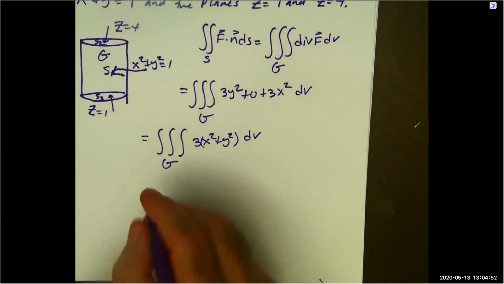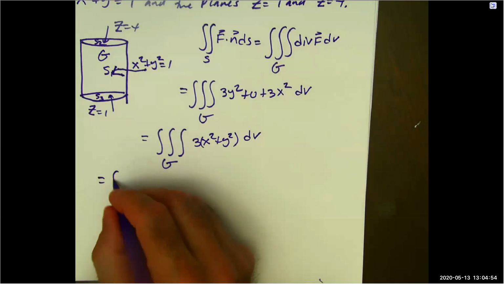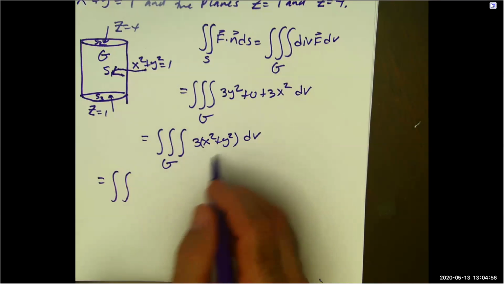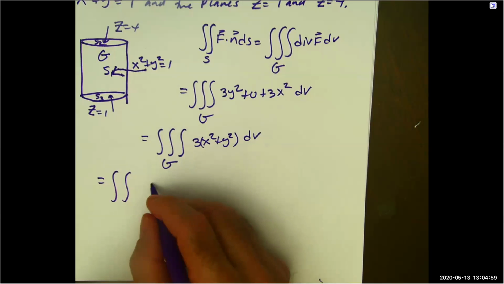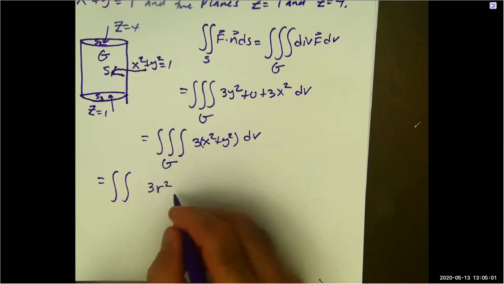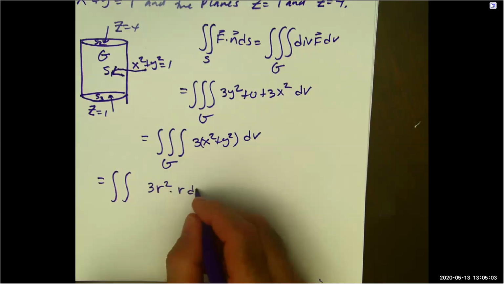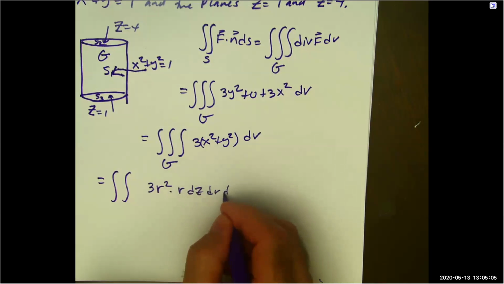So in cylindrical, this is going to end up being 3r squared, and then times r and then dz, dr, d theta.